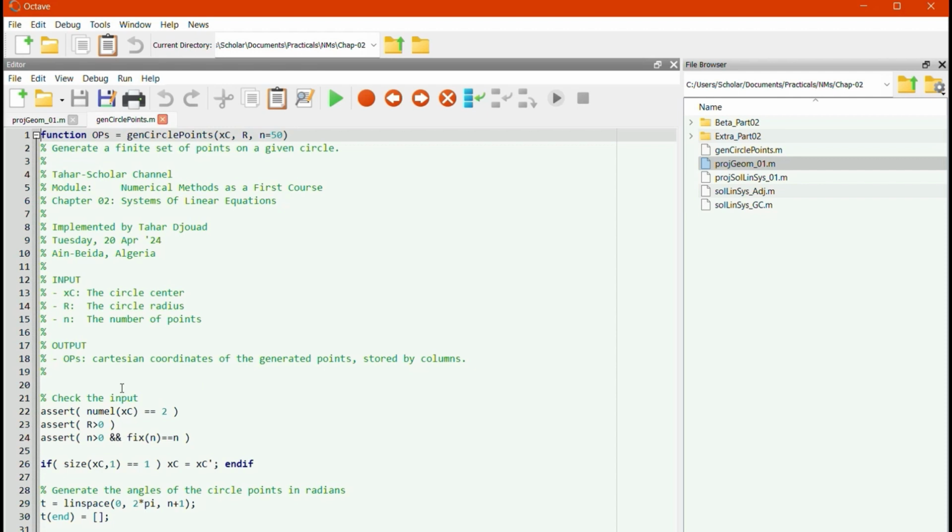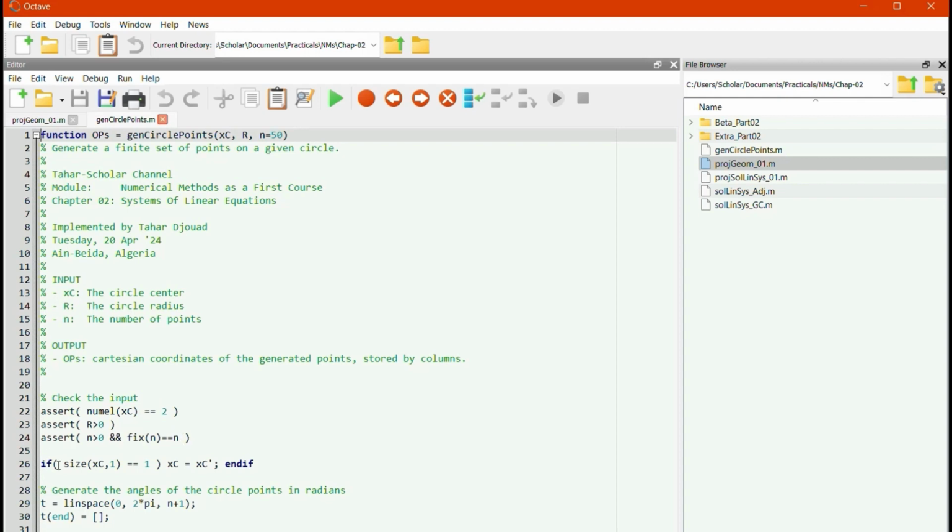So the first step is to check the data as usual. We make sure that XC contains only two elements, the components of the coordinates of the point, that R is positive, and N is a positive integer. Its whole part or integer part is equal to the number itself.